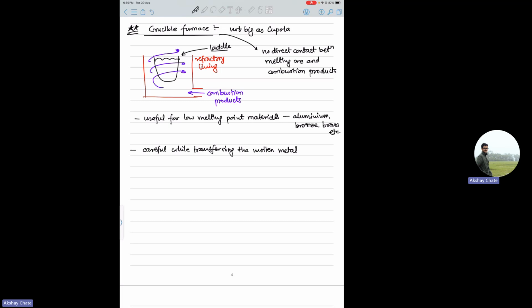These are used like in the factory shop floor, where you have production lines, right? These are big long lines. So here also in open hearth, it's like that only.